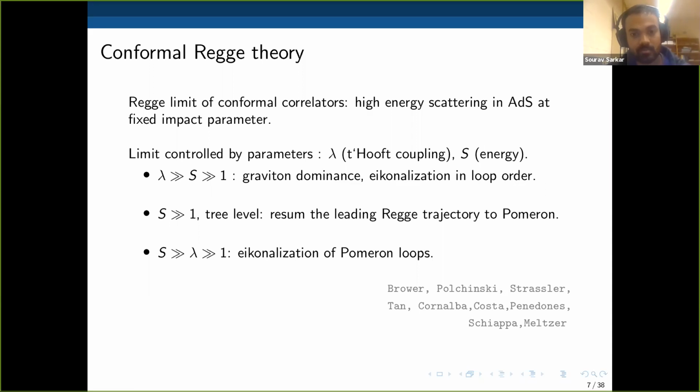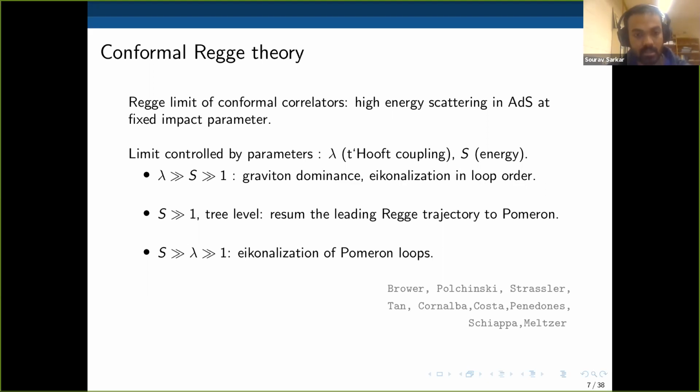So in the Regge limit, we can play around with the 't Hooft coupling and the center of mass energy. If we take the 't Hooft coupling to be large first and then take the energy to be large, then the graviton exchange dominates, and this exchange eikonalizes in loop order. This has been shown.